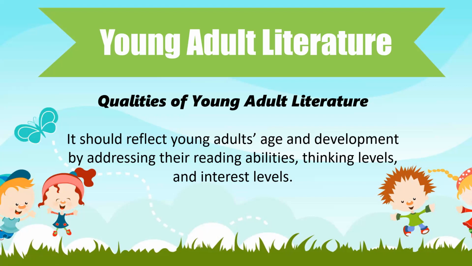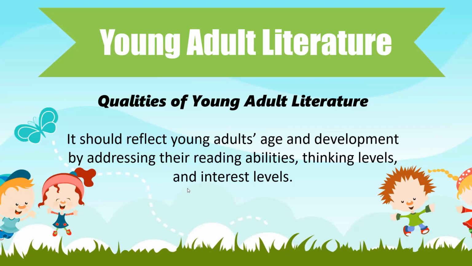And it should still be about their experiences and of the age levels as well. Because as I mentioned a while back, where can you relate to a character but to a character your age, in that age bracket. So that is young adult literature.